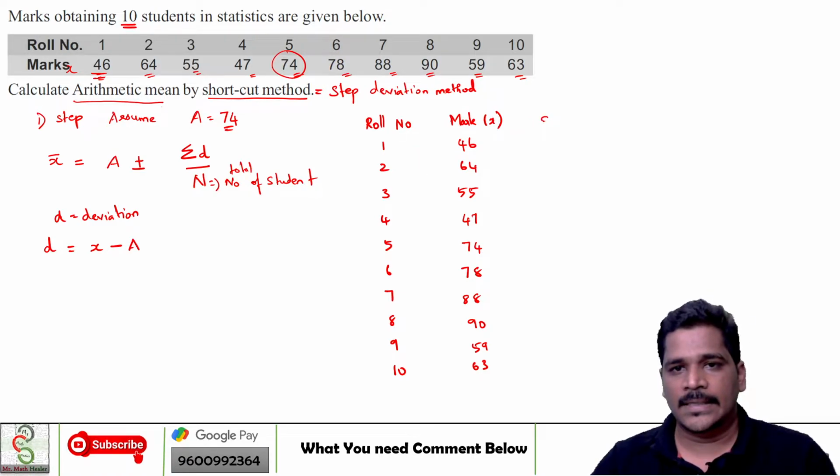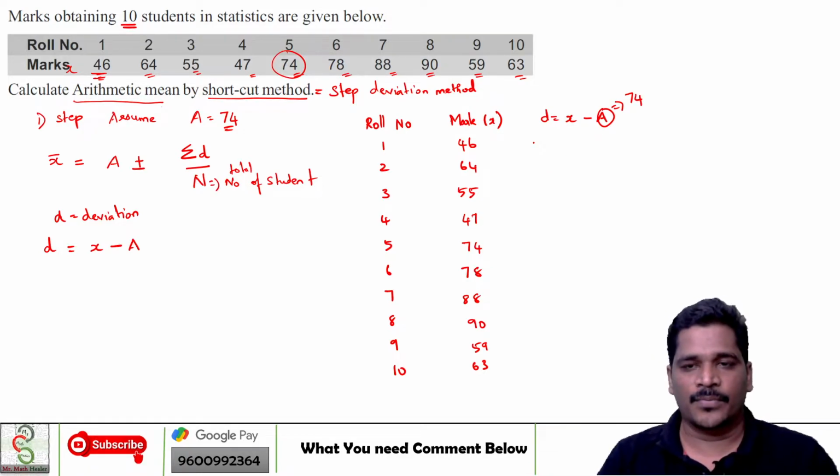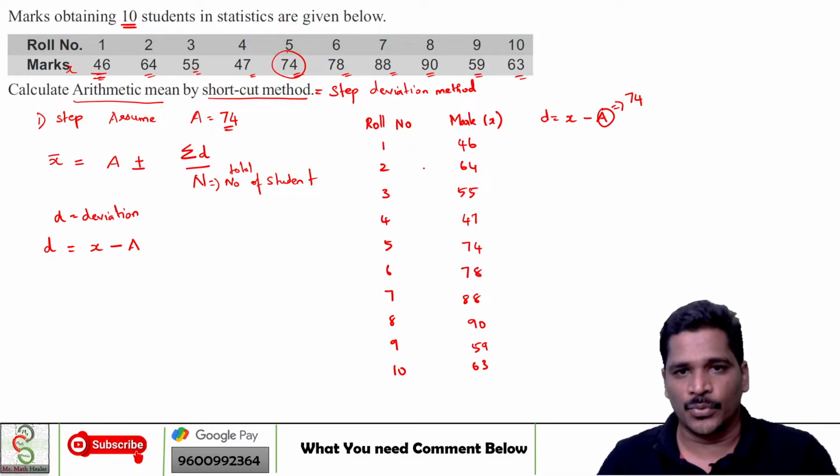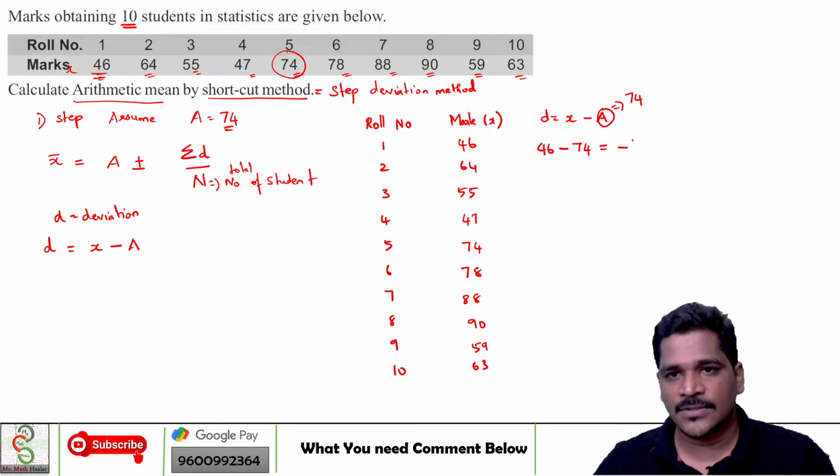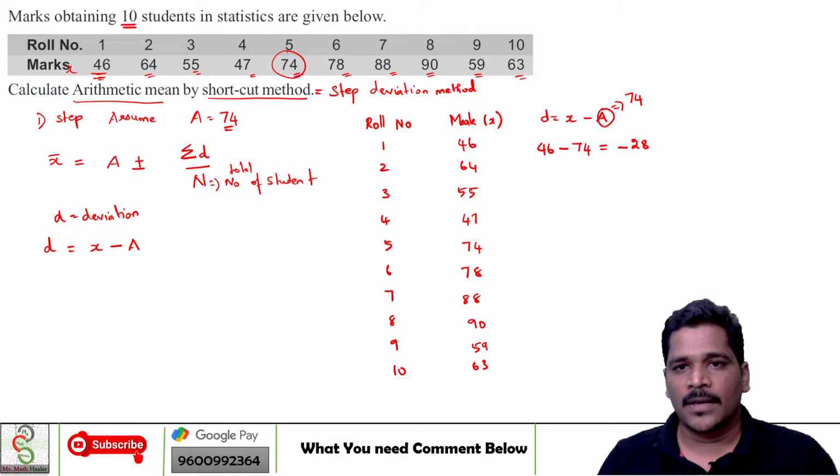For that, d is equal to x minus a, where we assumed a as 74. For clarity, I'm going to write what I'm doing here. The x value is 46, so 46 minus 74 gives minus 28. The minus sign is so important, because here you are assuming a, and the bigger number is 74, that's why we are getting a minus sign.